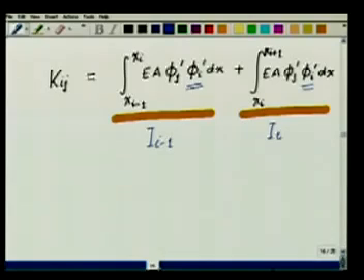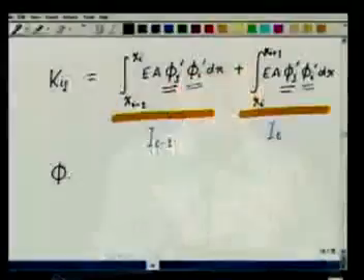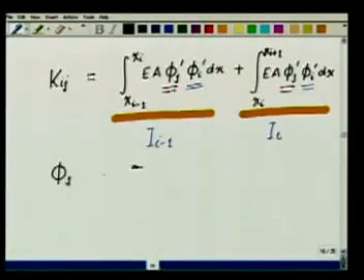Now the other question is, fine, so the integral over the whole domain is now restricted to this integral over the two elements over which phi I is non-zero. Next, you look at these phi j's. Which of these phi j's are non-zero in elements I minus 1 and I?